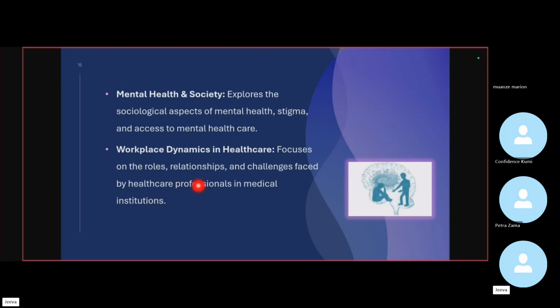So this is also looked after by the medical sociology, for the nurses and the other healthcare providers, the challenges they face when they are in the medical institution. So this is also looked after by your medical sociology.